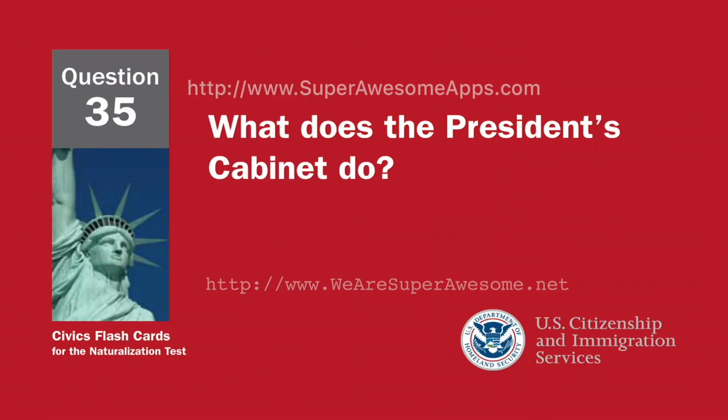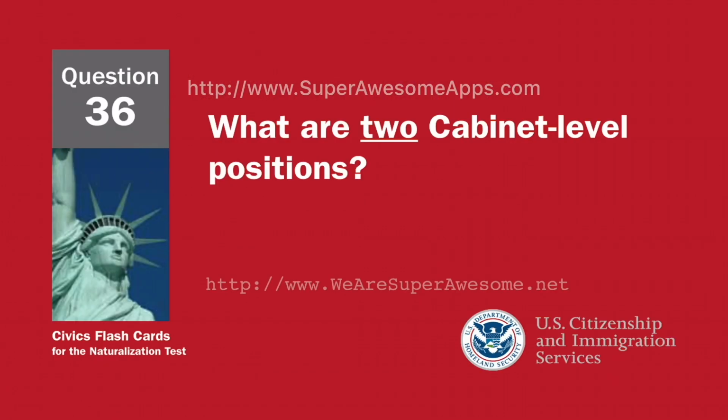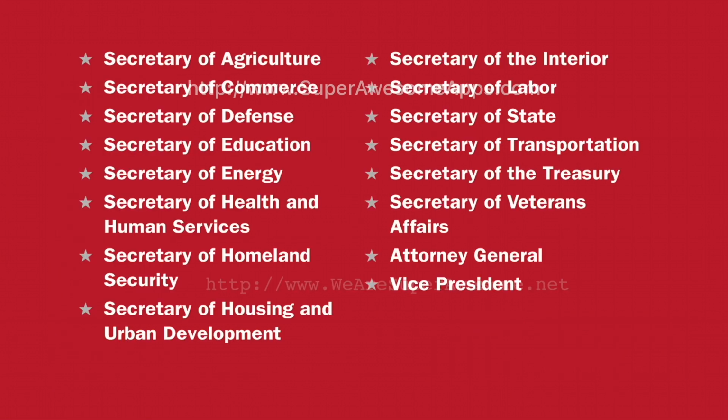What does the President's cabinet do? Advises the President. What are two cabinet-level positions? Secretary of Agriculture. Secretary of Commerce. Secretary of Defense.